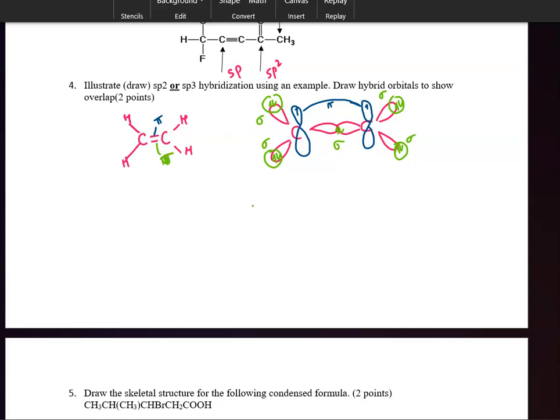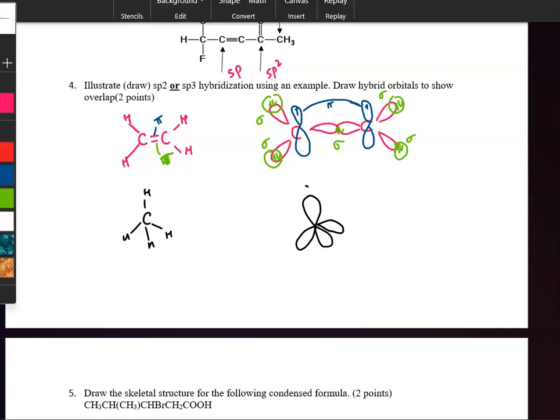An example of an sp2, and if you were to draw an sp3, then say for example methane. If you take methane as the example for sp3, then again you can illustrate that by drawing the 4 hybrid orbitals at the 4 corners of a regular tetrahedron, which are overlapping with the hydrogen atoms.